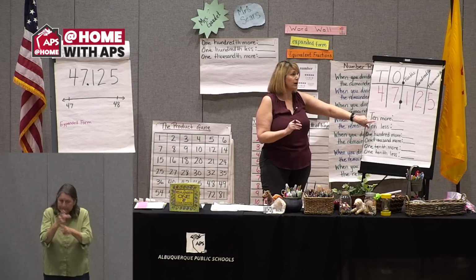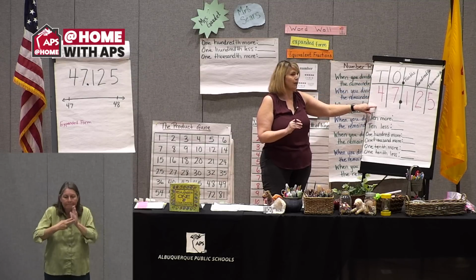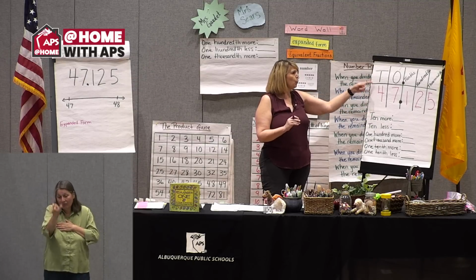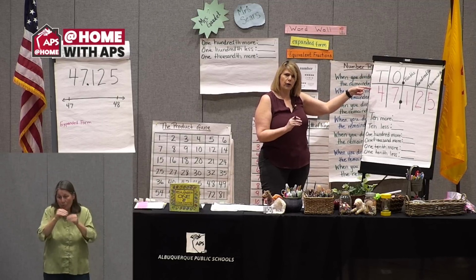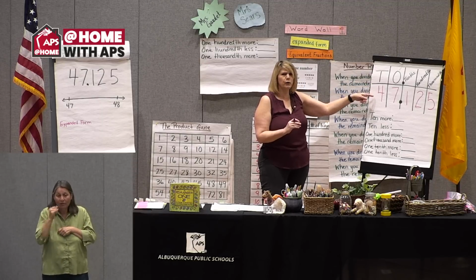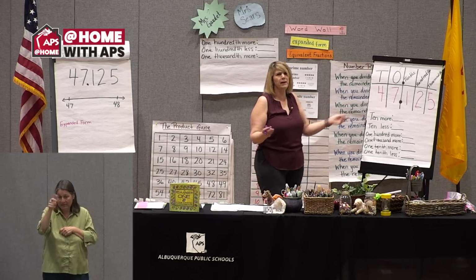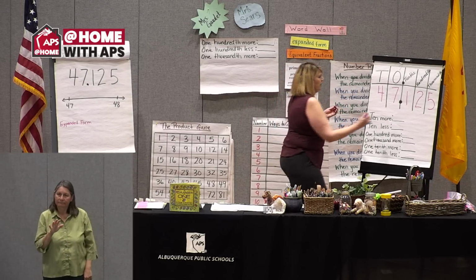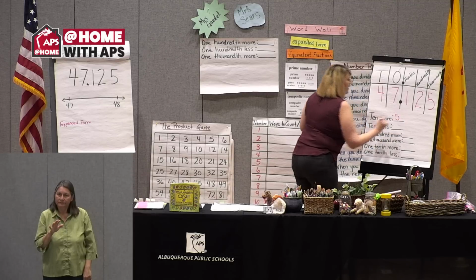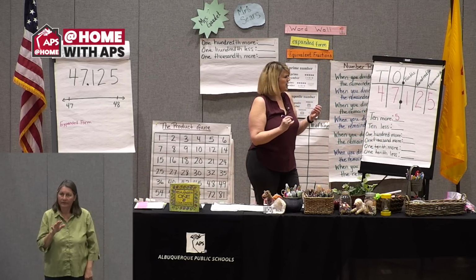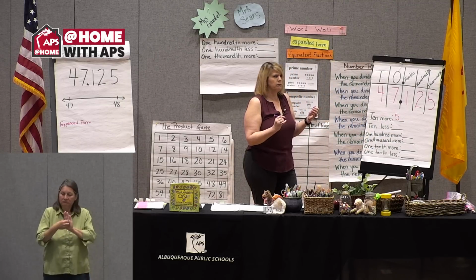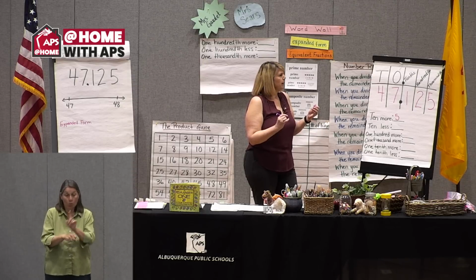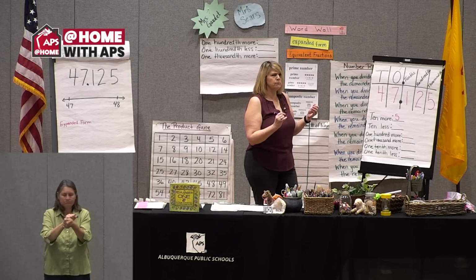That 10 more is going to mean I need to go to that tens column and say, what would be 1 more 10 than I already have? Well, I know I have 4 tens. 1 more 10 would be 5 tens, right? Let's write that number. I'm going to go ahead and put 5 tens in there. Do I need to change my ones? No. Do I need to change my tenths?